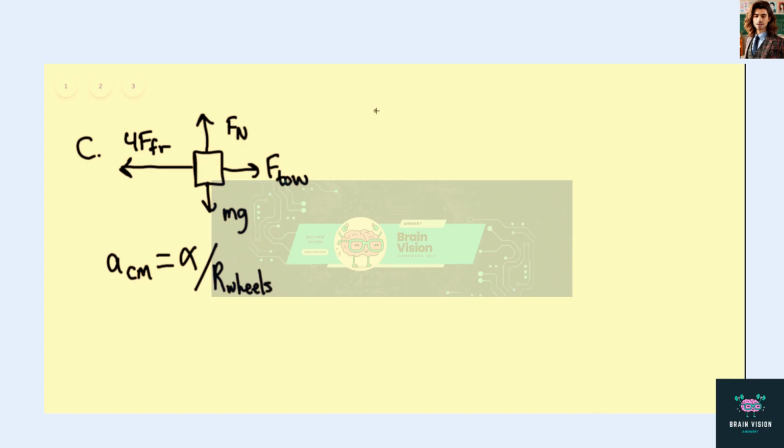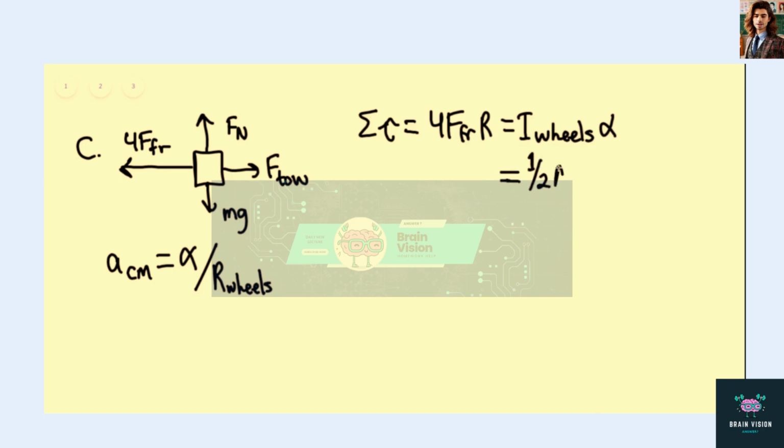So we can then say that the sum of the torque is going to be equaling 4 times the frictional force times R, and this would be equal to the moment of inertia of the wheels multiplied by the angular acceleration of the wheels. We can say that this is going to be equaling 1/2 times the mass of the wheels times the radius of the wheels squared, multiplied by, we'll plug this in, the acceleration of the center of mass divided by the radius of the wheels.